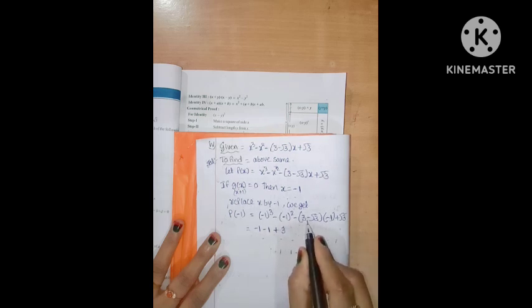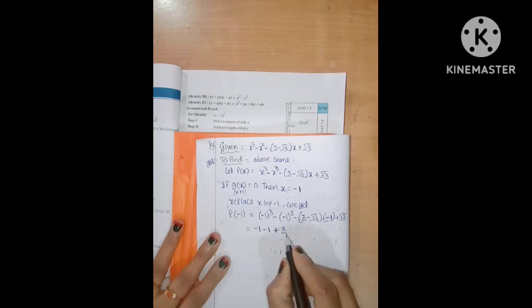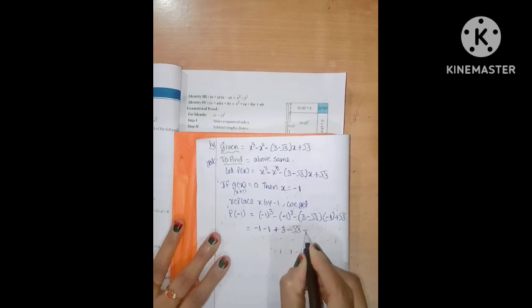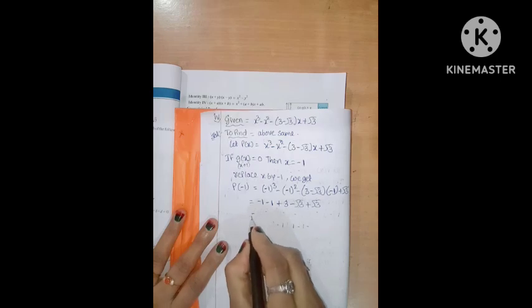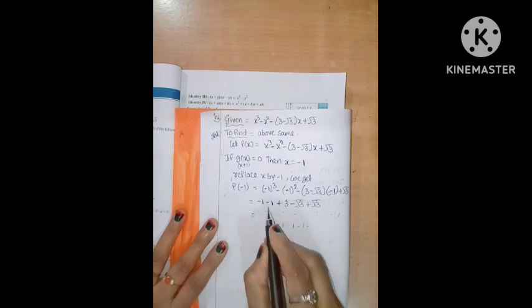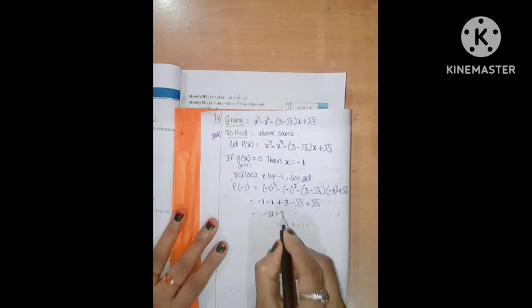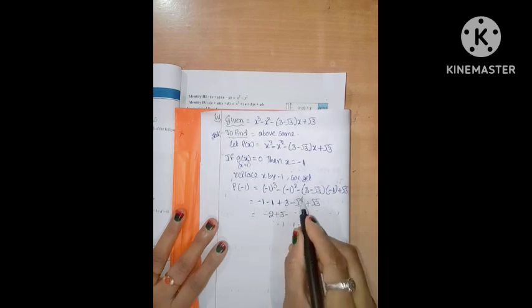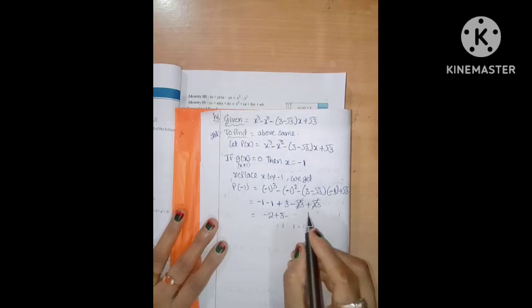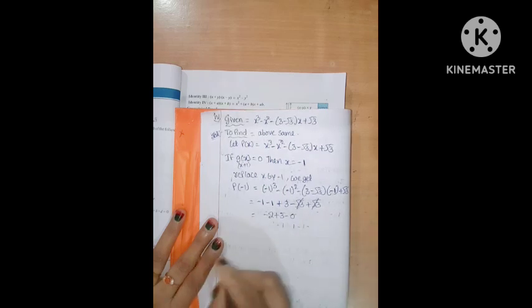Here it is plus 3 minus root 3, so plus into plus is plus 3, and plus into minus is minus root 3, plus root 3. Next, minus 1 minus 1 is minus 2 plus 3, and minus root 3 plus root 3 cancel, so it is 0.